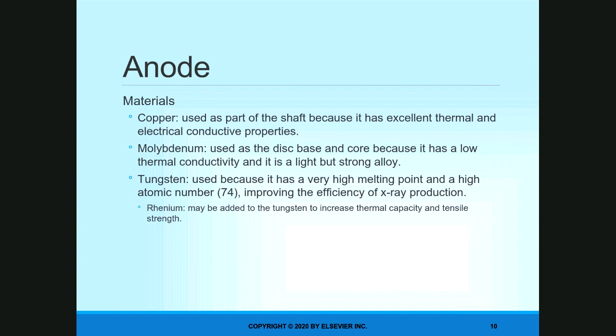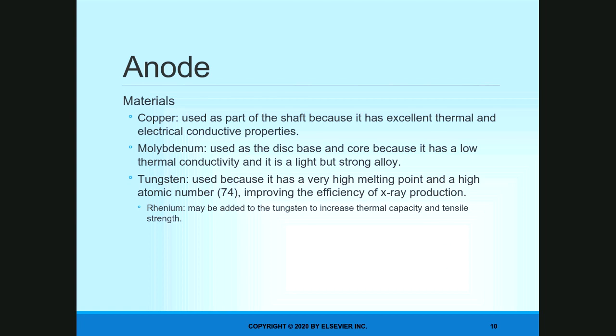Now, as far as the materials that make up the anode, we have copper as part of the shaft because it has excellent thermal and electrical conductive properties. So that's good to dissipate the heat, and it helps attract the electrons that are coming across the tube. We said that we use molybdenum as the base and the core because it has a very low thermal conductivity, which keeps the heat from going into the rotor bearings, so it minimizes the heat damage, and it's a light alloy, which makes it easy to rotate the anode.